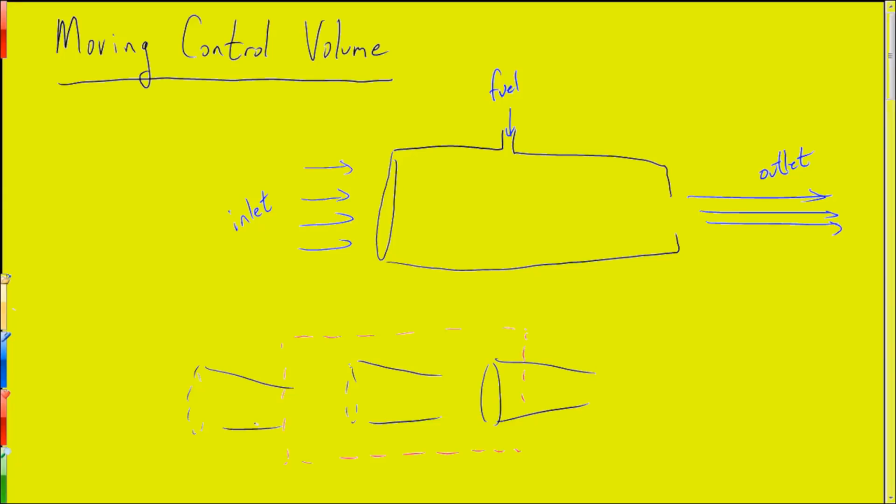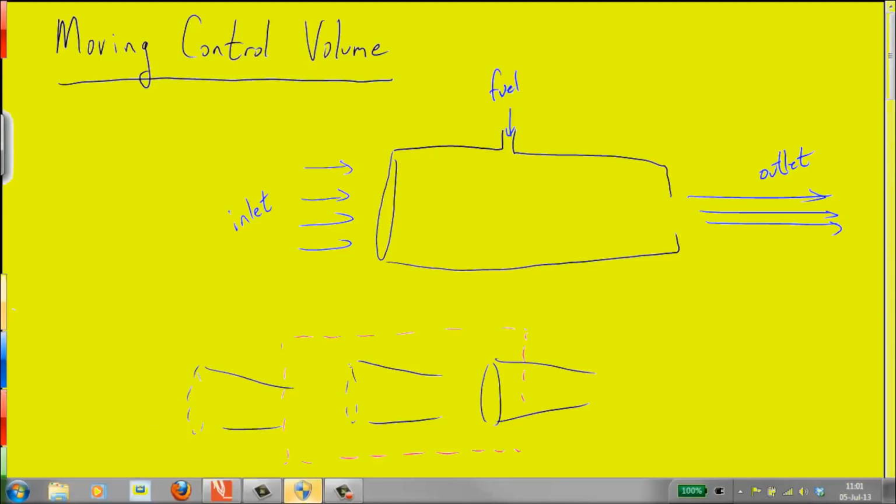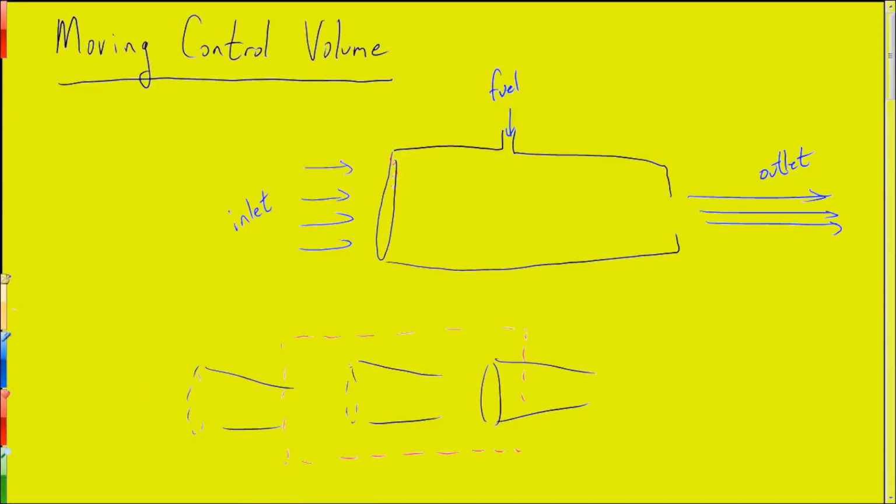And the answer is as follows. The answer is we don't do this. The answer is that we create a moving control volume that conforms to the engine itself, which I'll draw up above here.